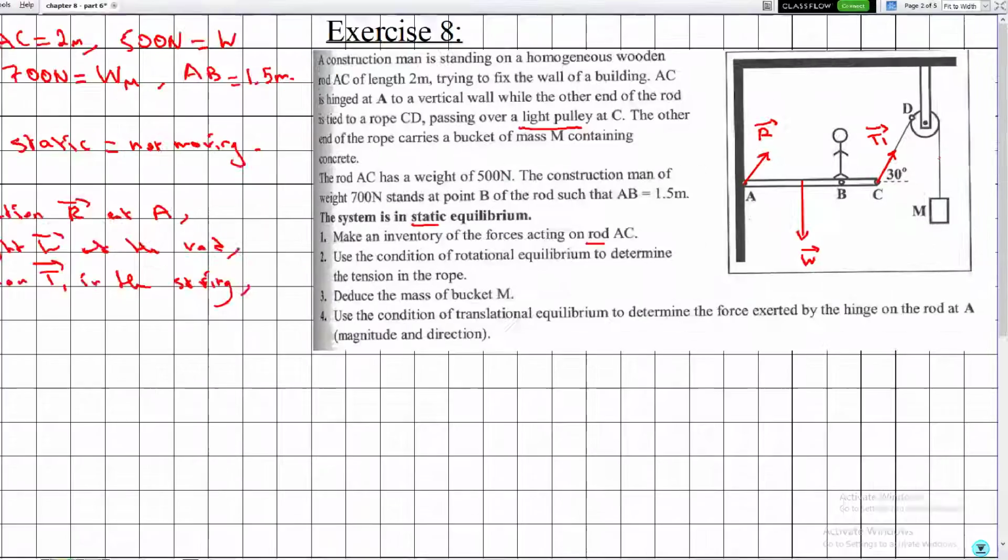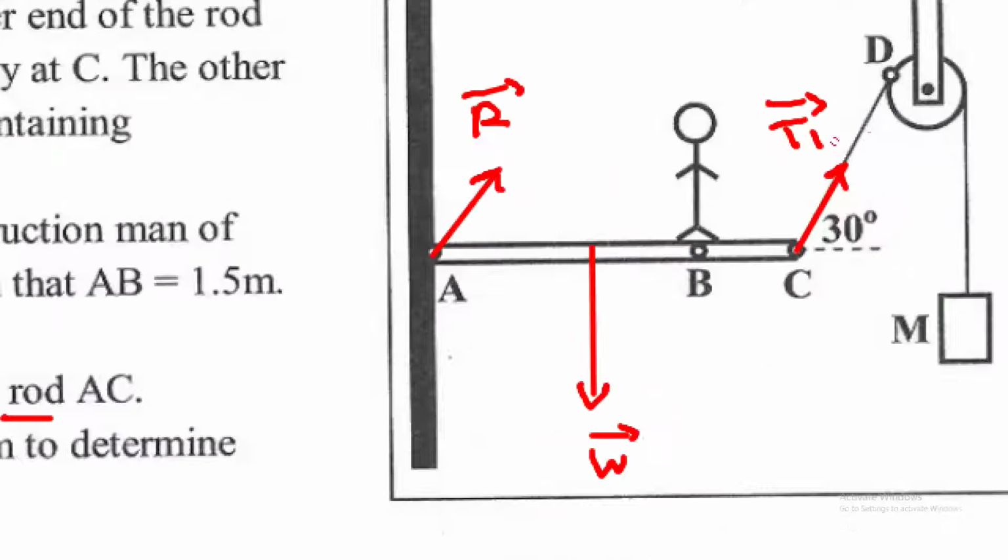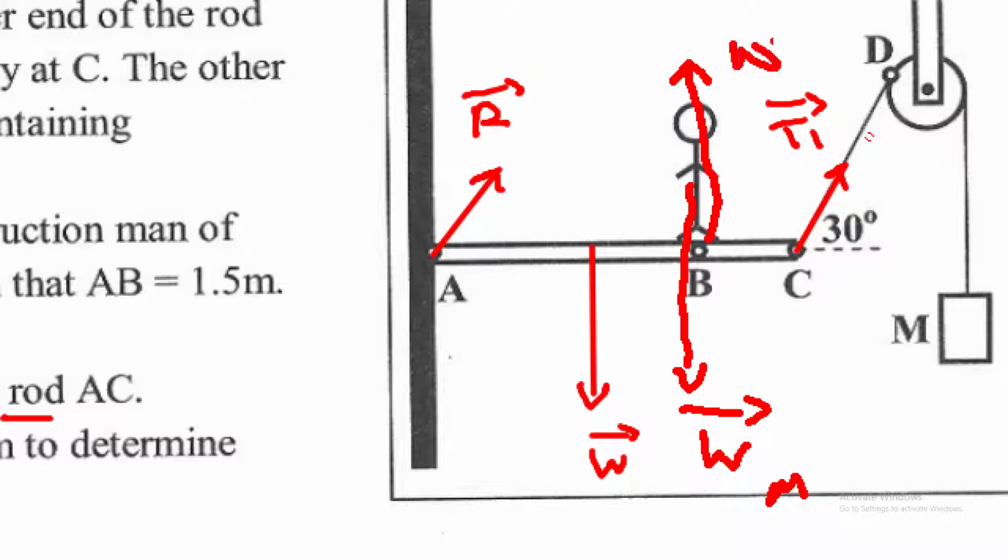So actually here, what are the forces that we are concerned with? First of all, for sure, we have the weight of the man, which is vertically downward like this. But at the same time we have the normal reaction exerted by the rod on the man, which is upward.